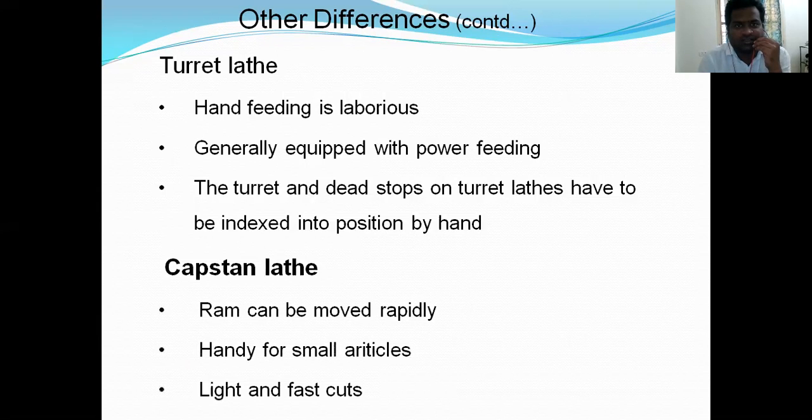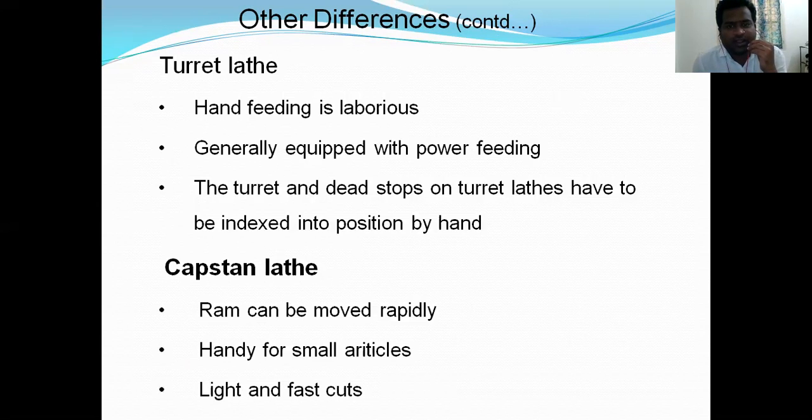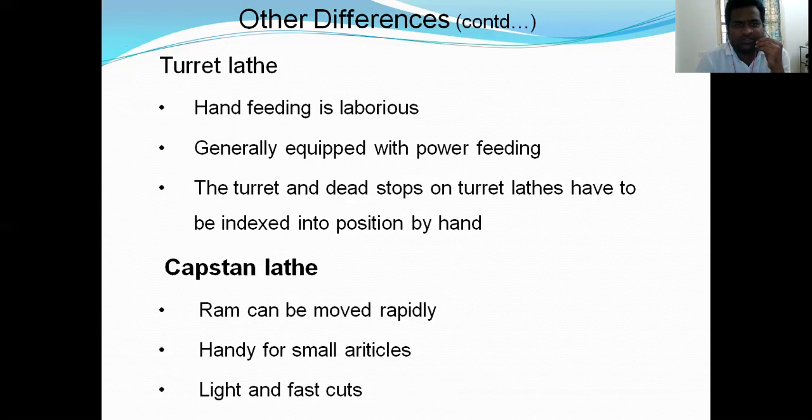Whereas in the capstan lathe, the RAM can be moved rapidly, and it is mainly for small articles. It is light and fast. The various turret and capstan stops can be set, and in this the RAM can be moved rapidly along the longitudinal movement, from one position to another.